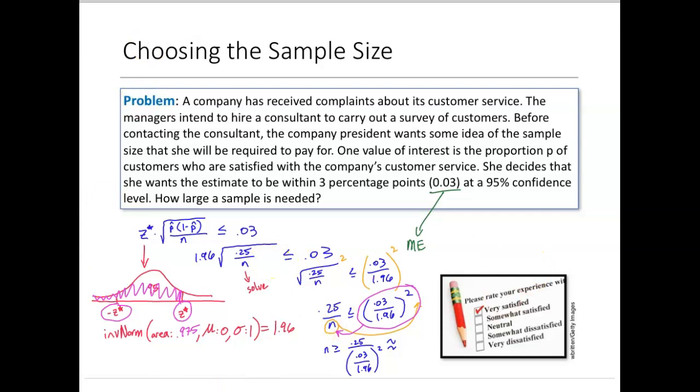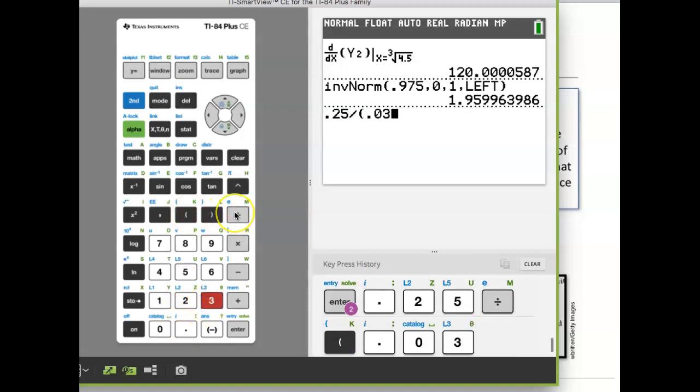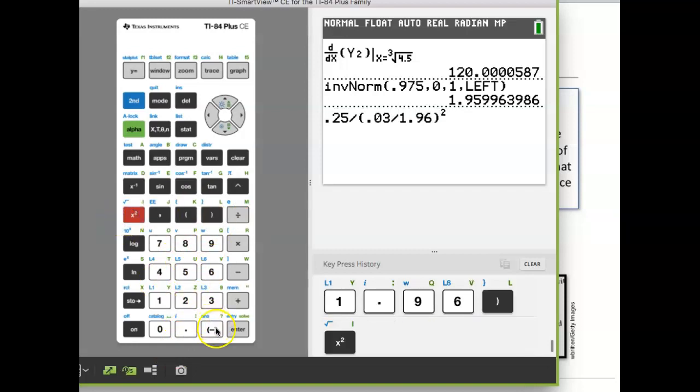All right, so let's do this in the calculator all at once here. So 0.25 divided by open parentheses 0.03 over 1.96, quantity squared. It should be pretty obvious if you get an insane answer. Remember, what we're solving for is sample size.